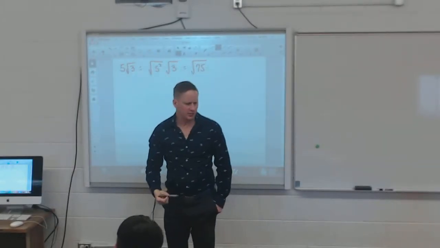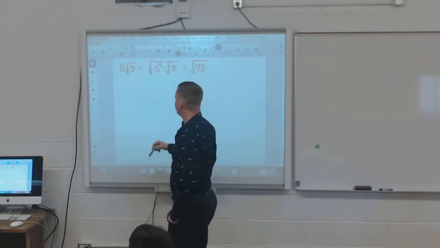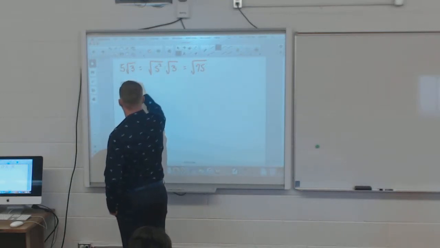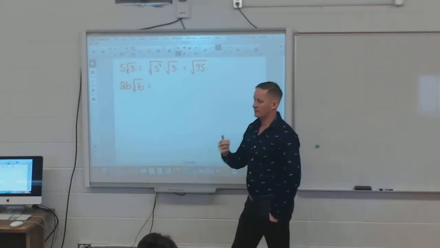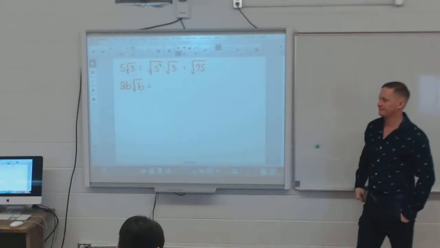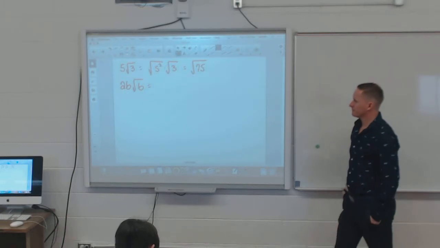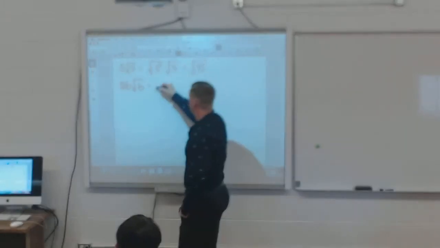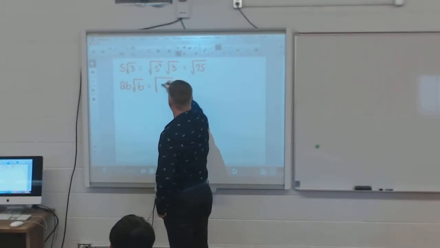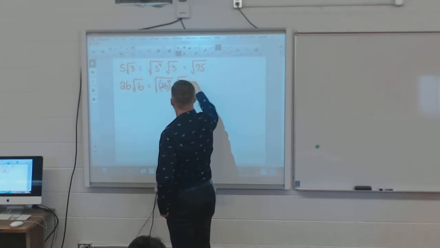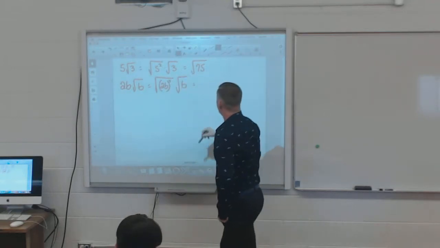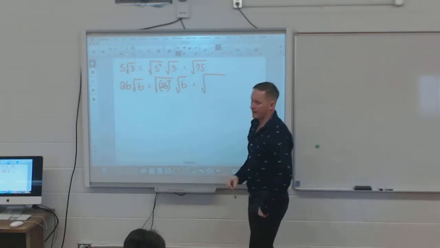Okay, example number 2 is that. So, square 2b squared. That's right. So square root it and add the squared value to it under b, and then multiply them together.